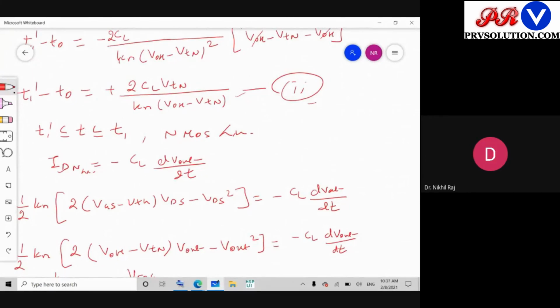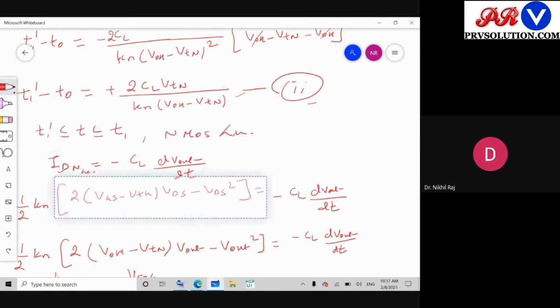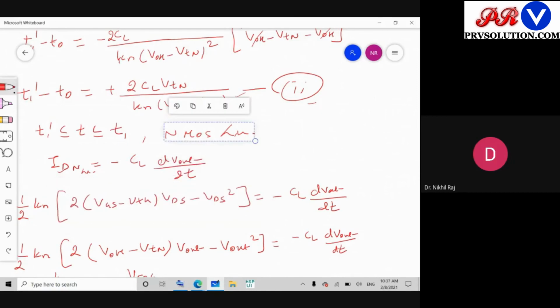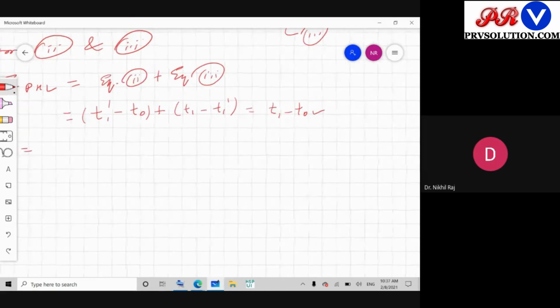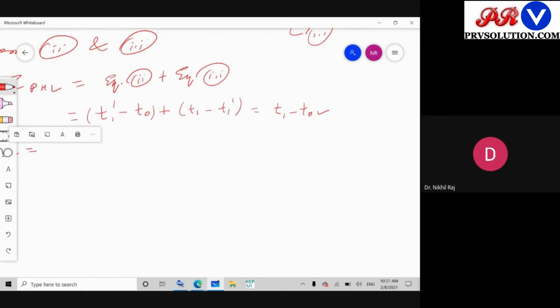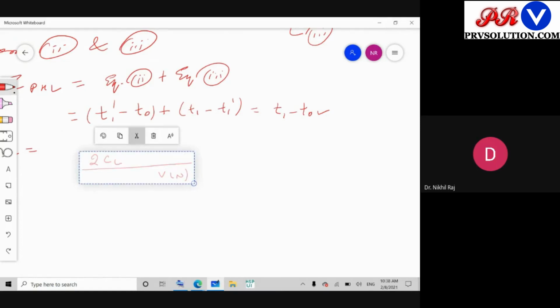So this one we will copy, and we'll place the value here. Oh, it didn't come out. Let me write one.